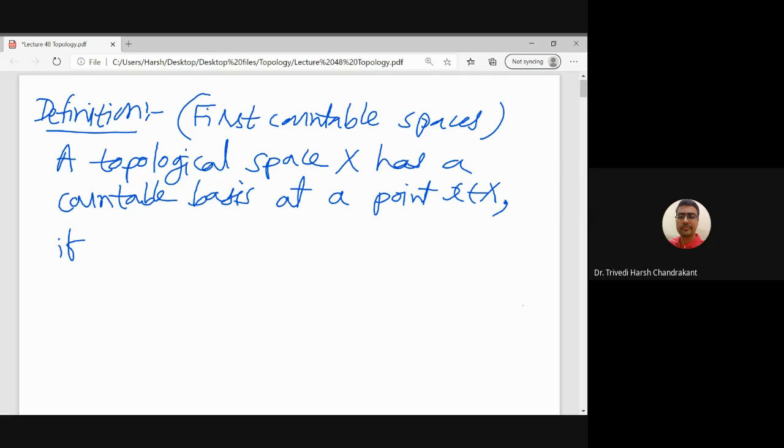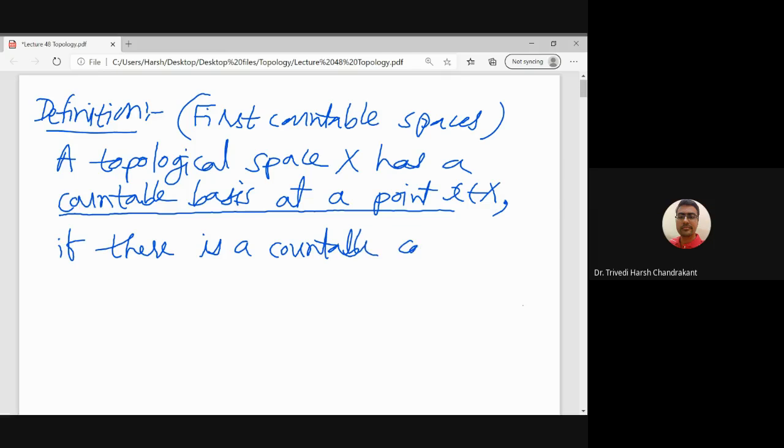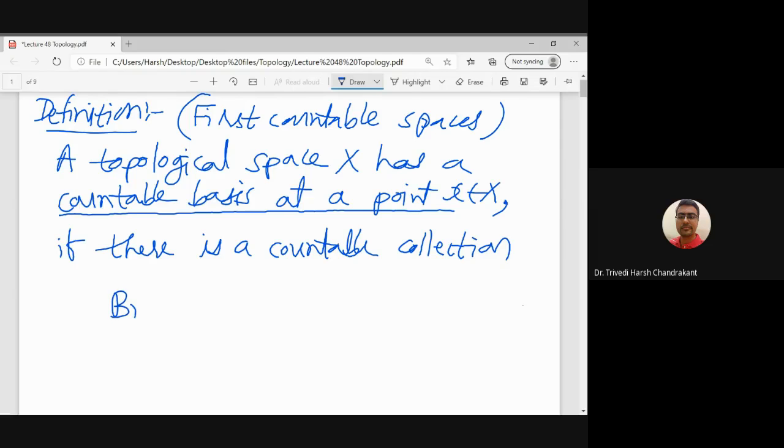Then we say that the topological space has a countable basis at x if there exists a countable collection Bx of sets.